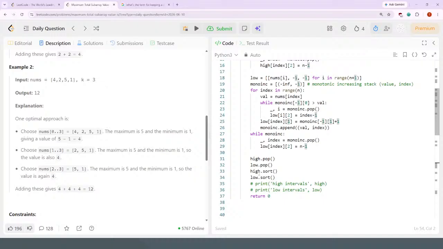Technically it's n squared possibilities. So what's the worst case scenario? Like the worst case scenario would be h high intervals.